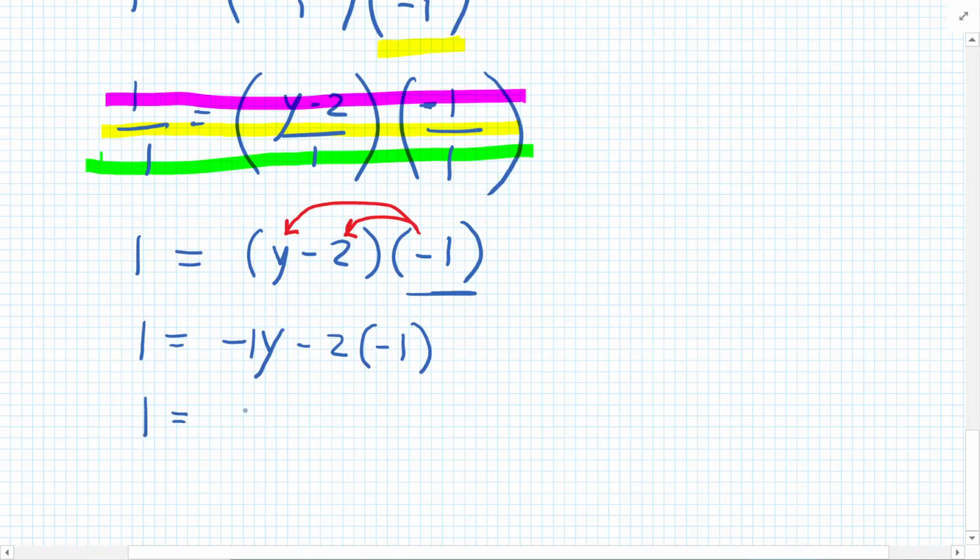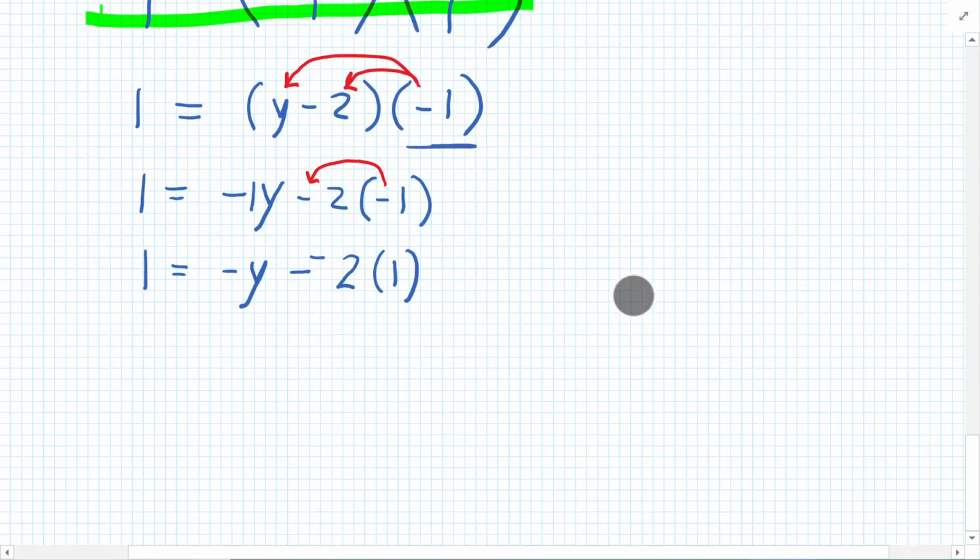Well, this is minus y, and then we have a negative times a negative, 2 times 1. See how I did that? I moved my negative sign in front of the 2. And then I just put my numbers together.